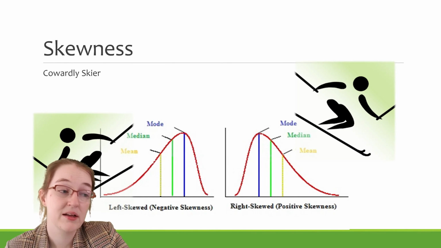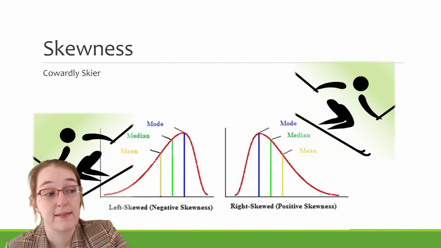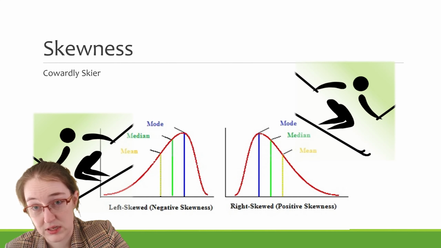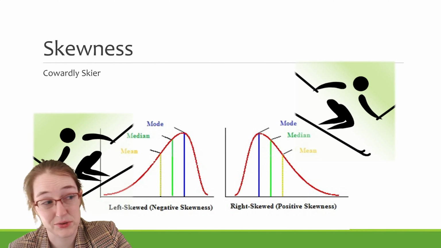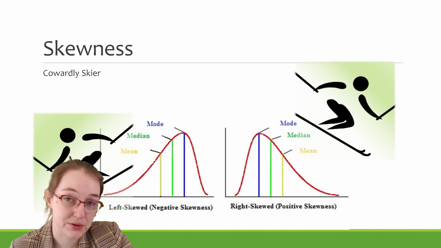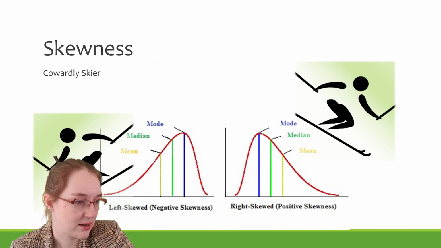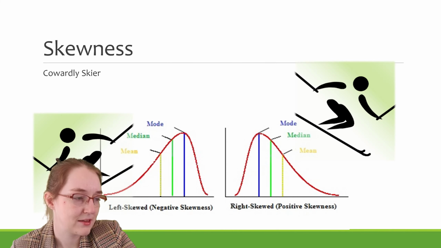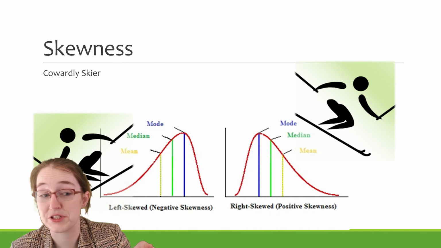So the cowardly skier on a right skewed data set is going to go towards the left. It's going to go towards the less steep side. So for positive skew. Now the left skewed means he's going to go to the right. Sorry, I'm hesitating now, but follow the illustration.